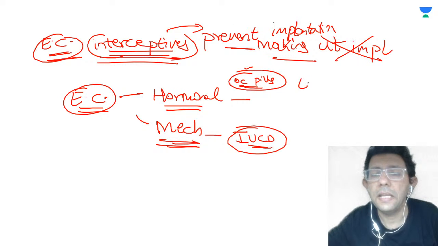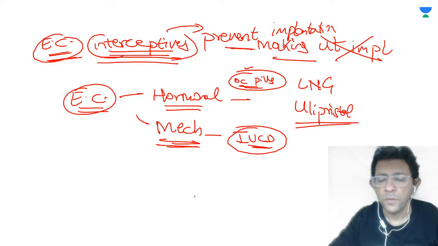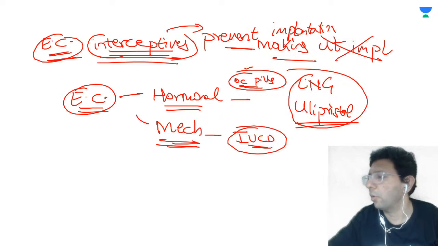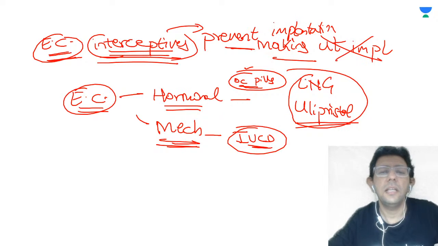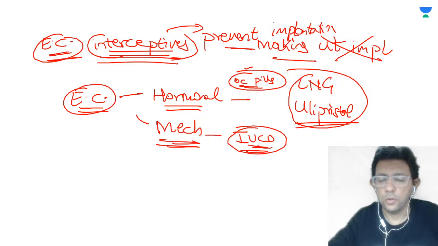The two main ones are LNG and ulipristal. Both of them are expected in MCQs, so we should know this. I'll come back to LNG and ulipristal, with some more important points regarding both. IUCD also acts, and what the emergency window is, we'll discuss at that time.